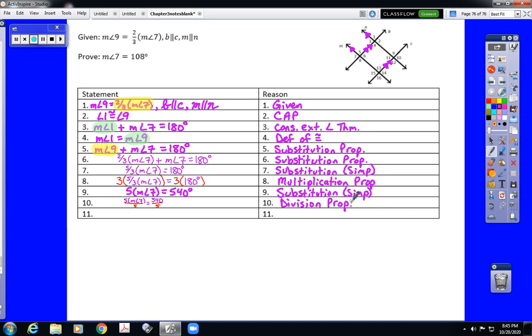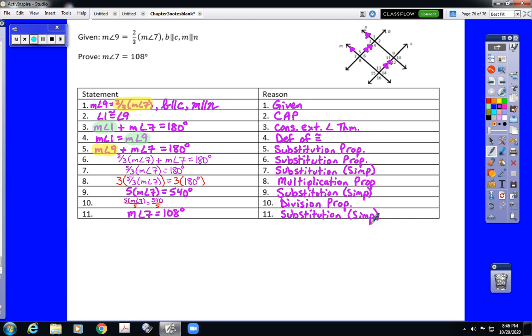And then we actually carry out the division, which on the left side, the 5's would cancel, leaving the measure of angle 7. And on the right side, 540 divided by 5 is what we expect it to be, 108 degrees. Substitution simplify. So there's an example of a proof that is turned basically into an algebra problem halfway through.